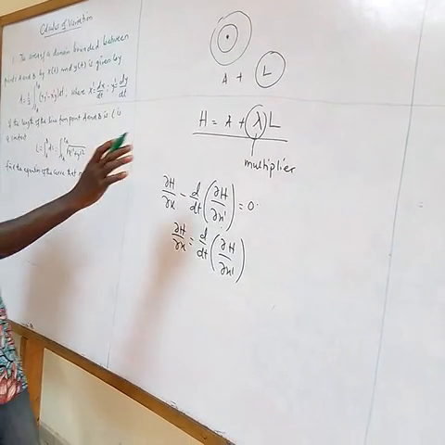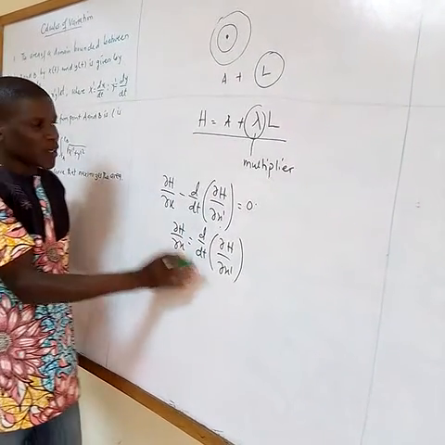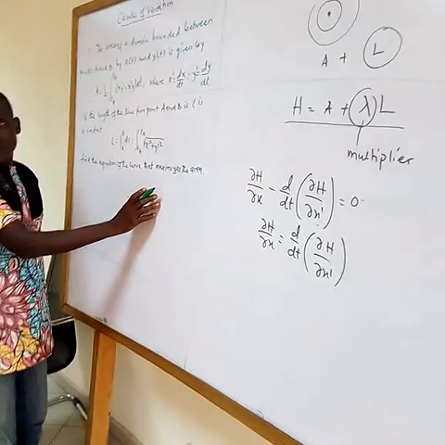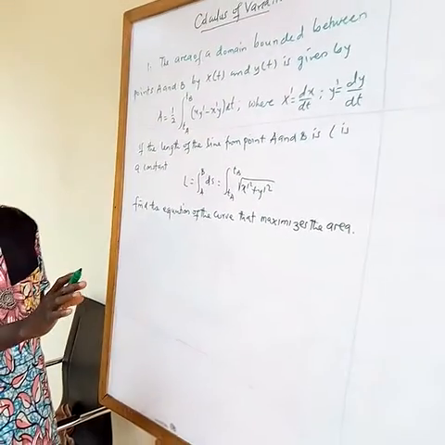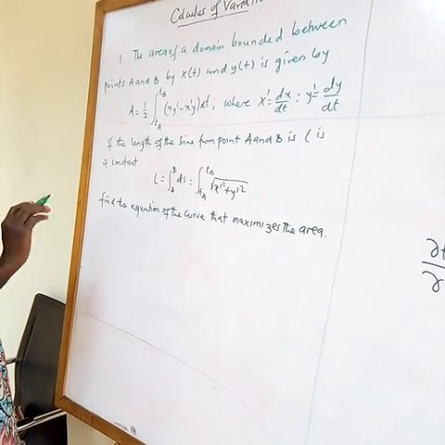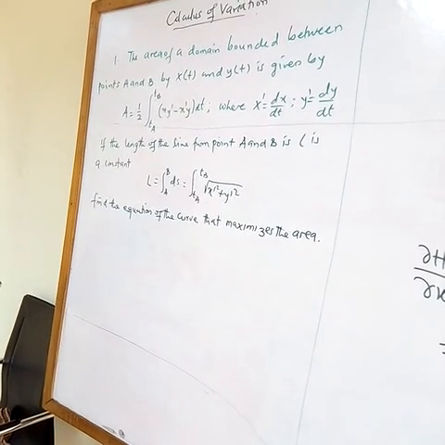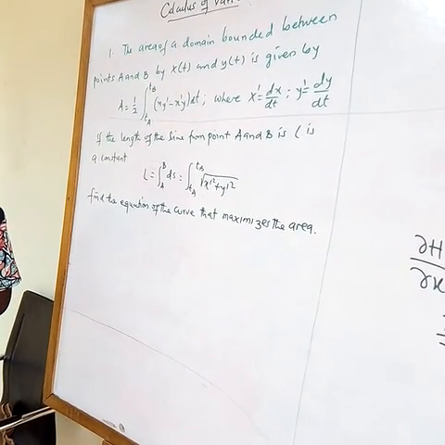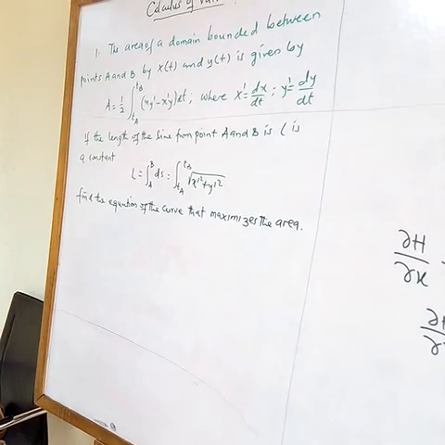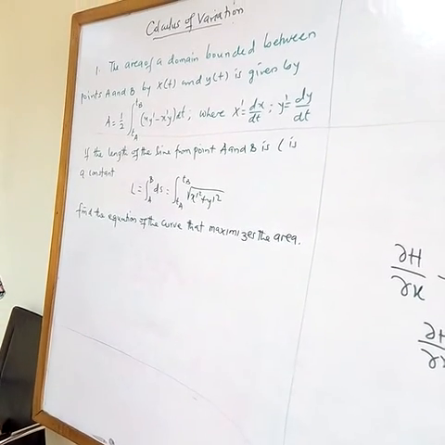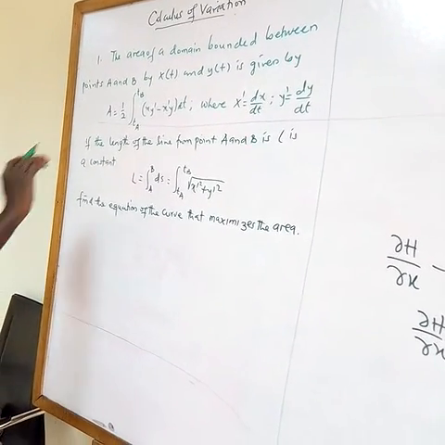So now let's apply what we've taught to the problem on the chalkboard. The question goes thus: the area of a domain bounded between points A and B. We don't know the kind of shape it is. We don't know if it is a circle, a sphere, a cylinder, a rectangle, whatsoever.